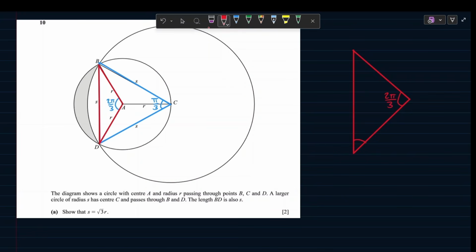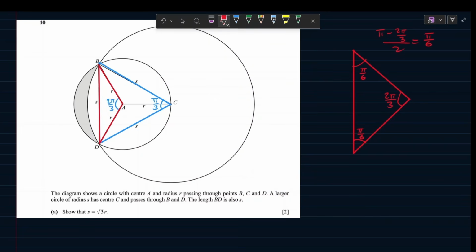And since this is isosceles, our base angles are going to have to be equal, and I can get my base angles by saying all the angles should add up to pi. So pi minus 2 pi over 3, divided by 2. That's pi over 3 divided by 2, so pi over 6. So these angles here are pi over 6.